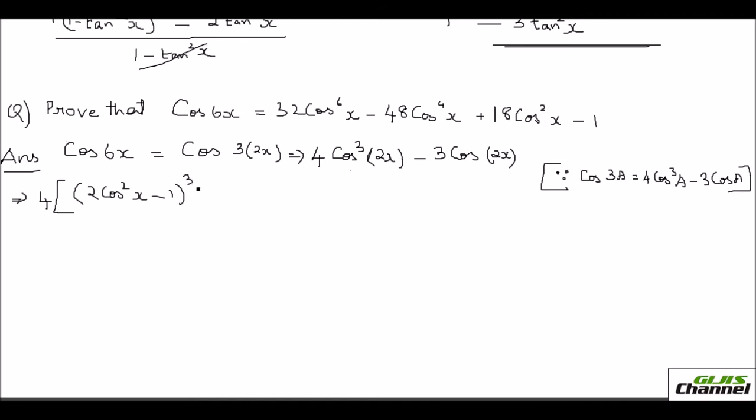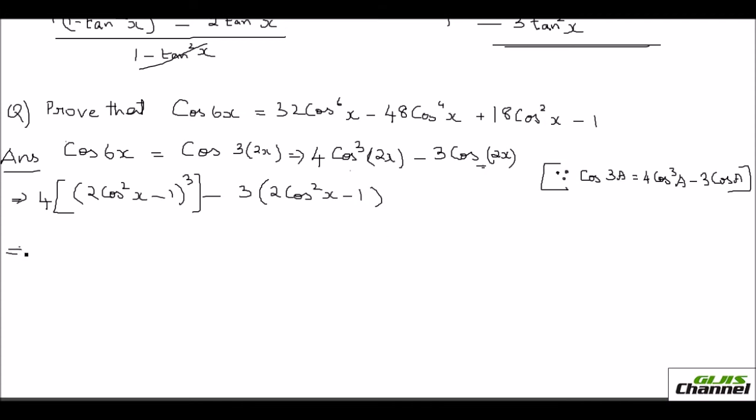Then minus 3 times cos 2x, again I'm going to write it as 2 cos squared x minus 1.